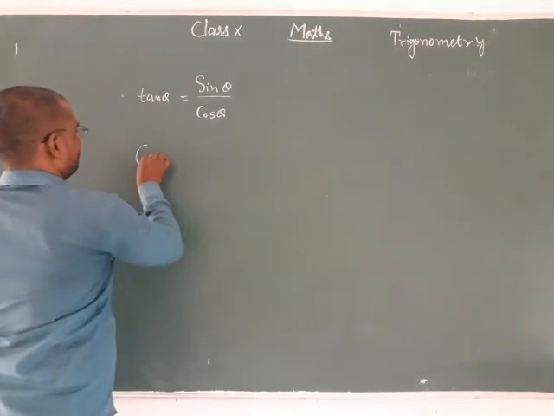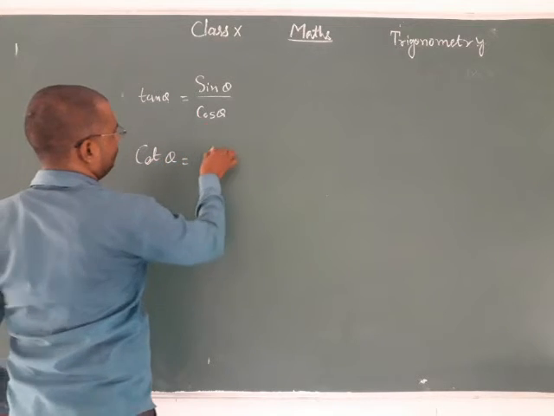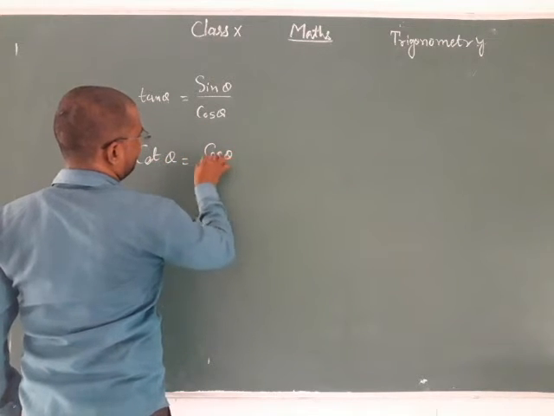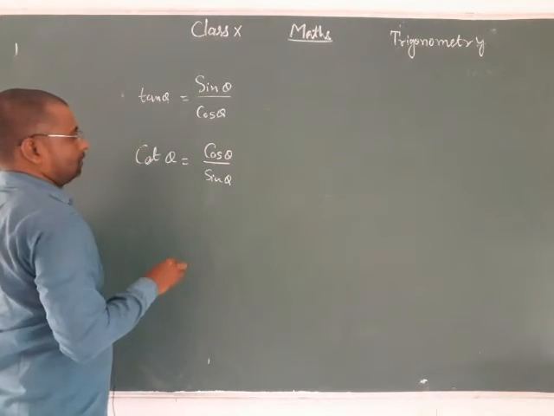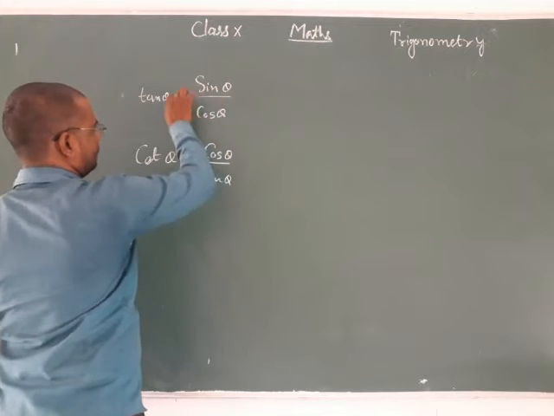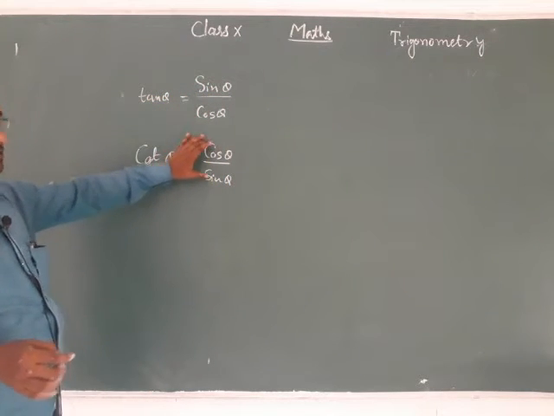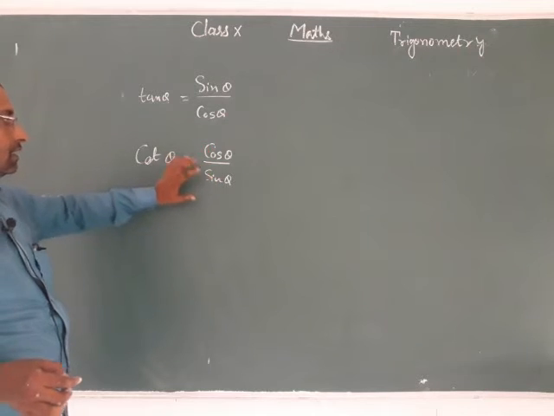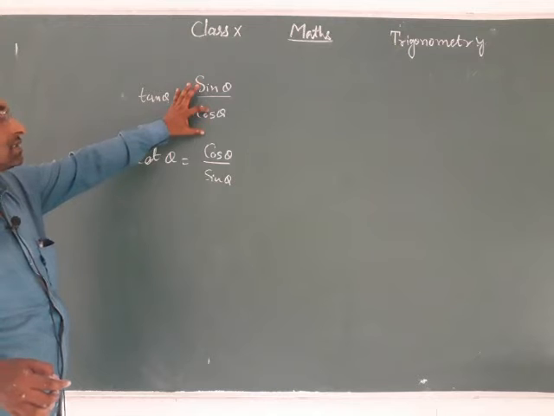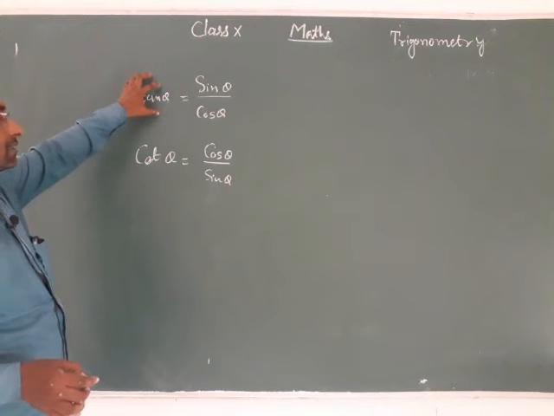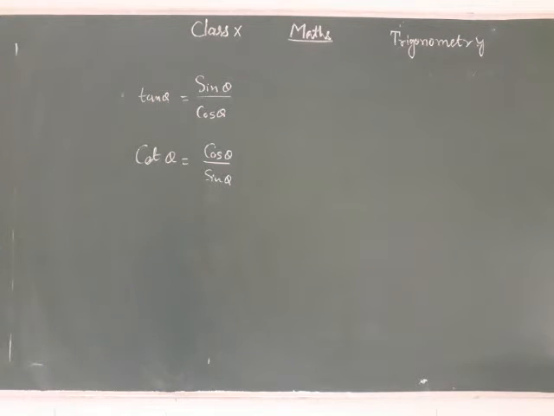Similarly, cot theta is equal to cos theta upon sin theta. That's all.